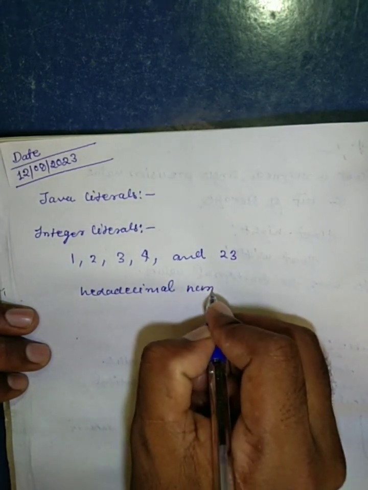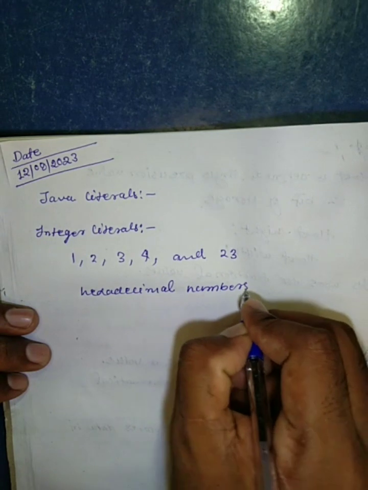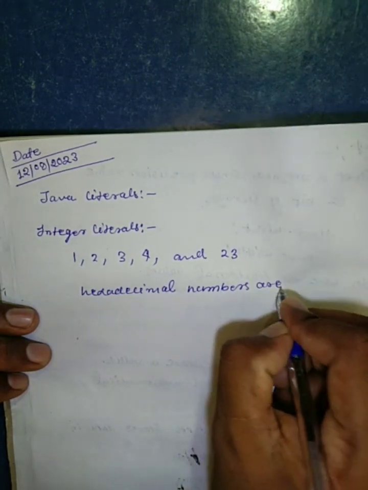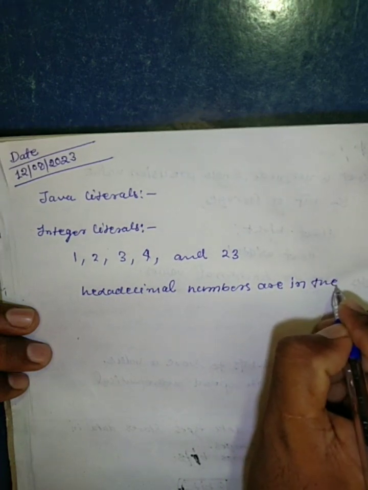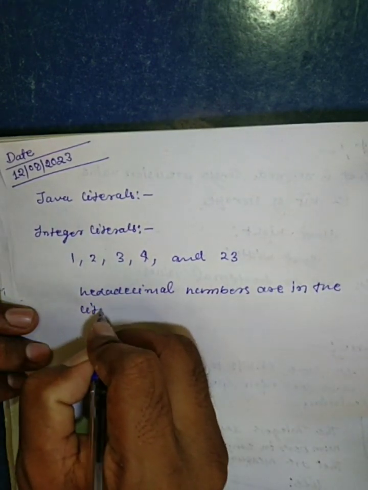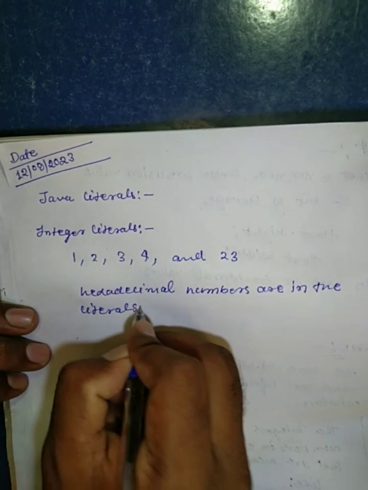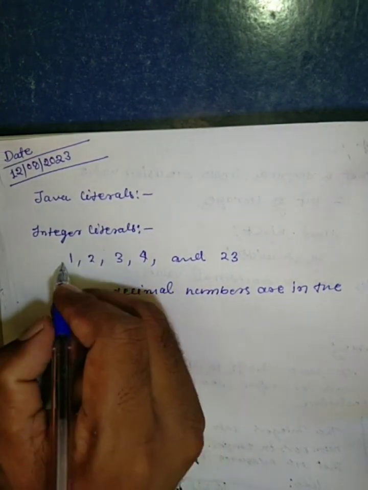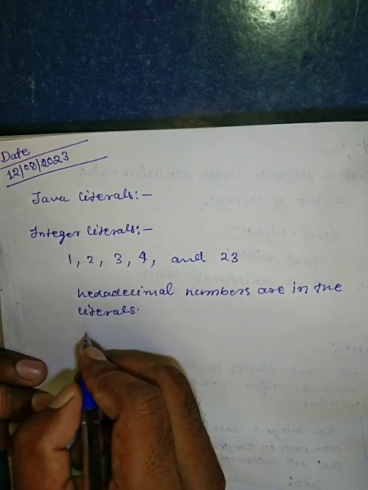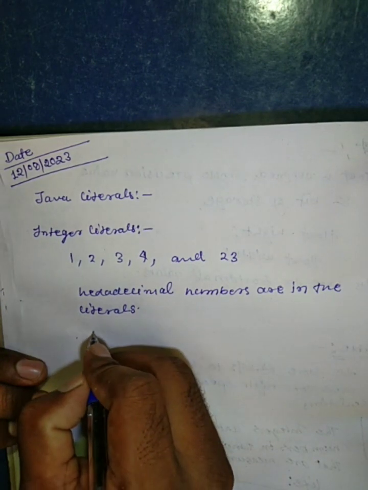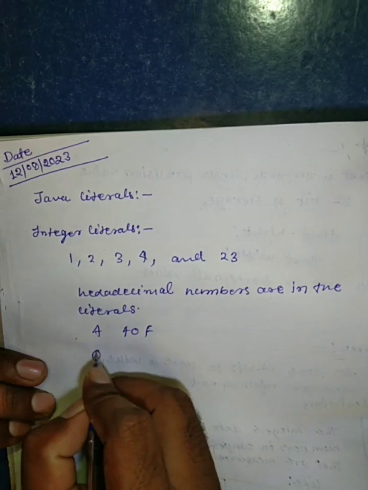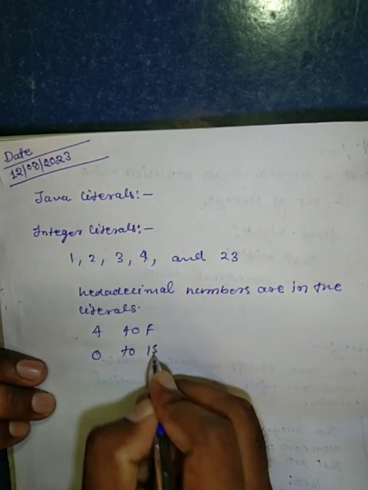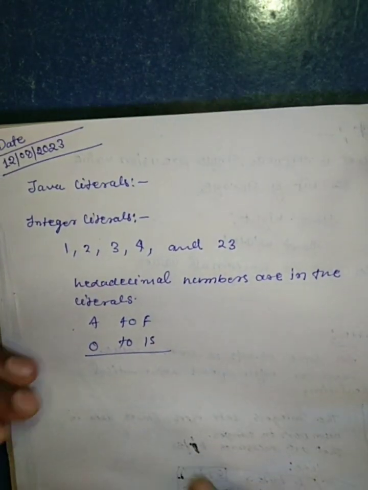numbers are included in the literals. These are called literals. Hexadecimal literals start from A to F, meaning 0 to 15 numbers.